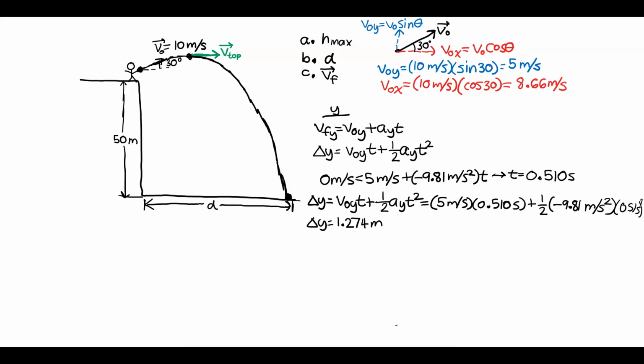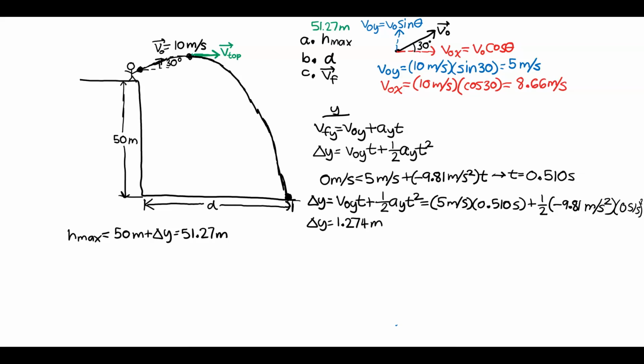We'll just round down. Now, it's 1.274 meters, so that's the change in height from its initial position. So the maximum height, h max, will be 50 meters plus delta y, which equals 51.27 meters. So we have 51.27 meters. Okay, so that was part A.